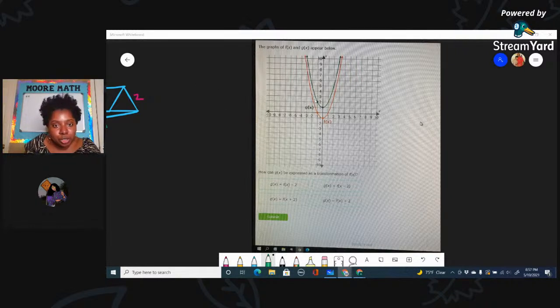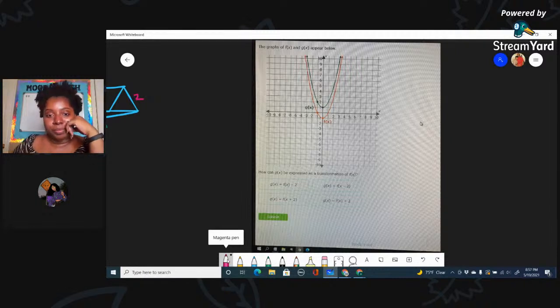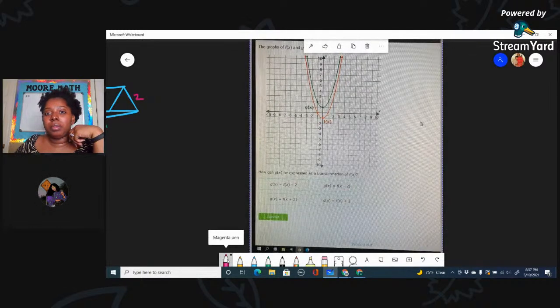So what happened to g? g got moved. So tell me from f(x) to g, what did you do? Are you talking about if I'm supposed to go up or down? Right. Yes, that's what I'm talking about.